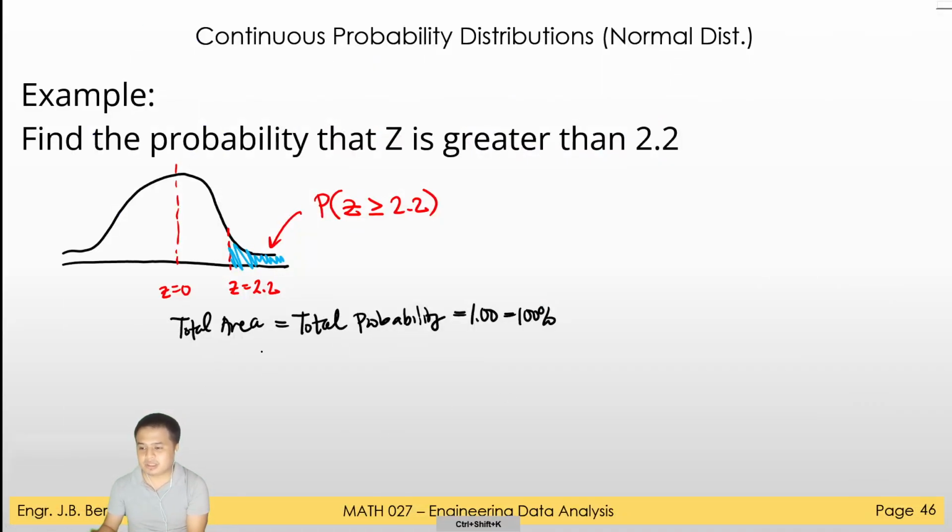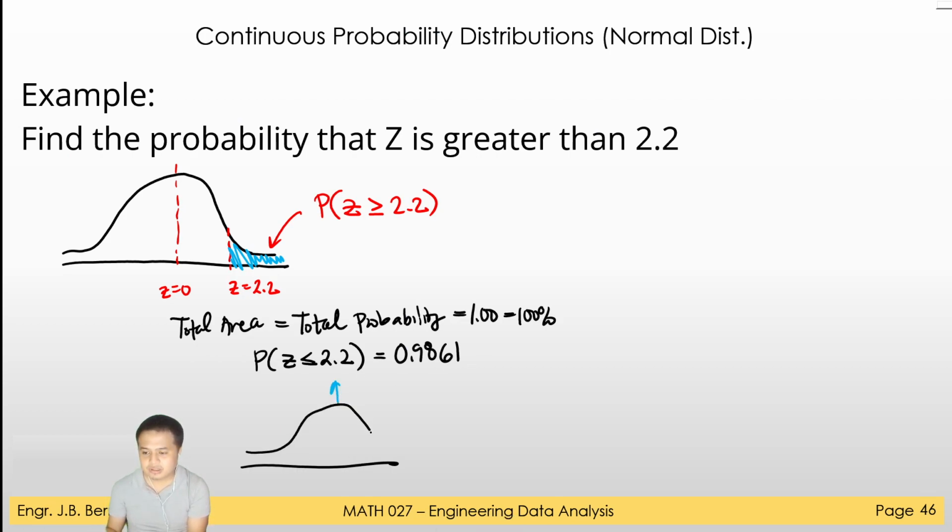So the probability that z is less than or equal to 2.2 is equal to 0.9861, right? So what does this mean? This means that if you have a z-score here of 2.2, then the area here is your 0.9861. Now, what we're trying to find again is this.